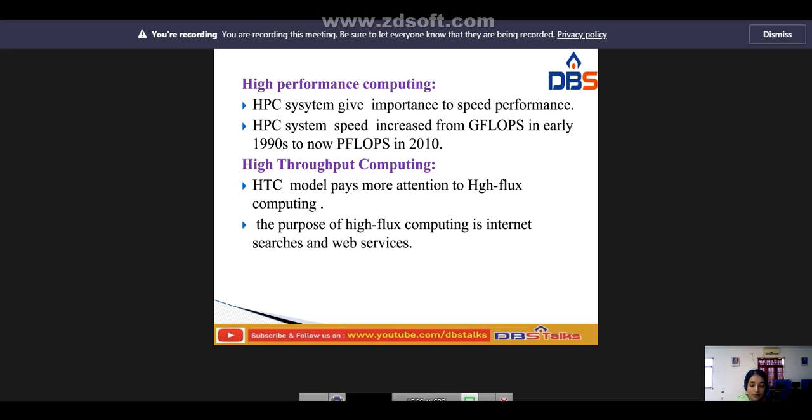The performance goal shifts to measuring high throughput, or the number of tasks completed per unit of time. HTC technologies not only improve batch processing speed but also address the acute problems of cost, energy savings, security and reliability at many data and computing centers. So this is called high throughput computing.